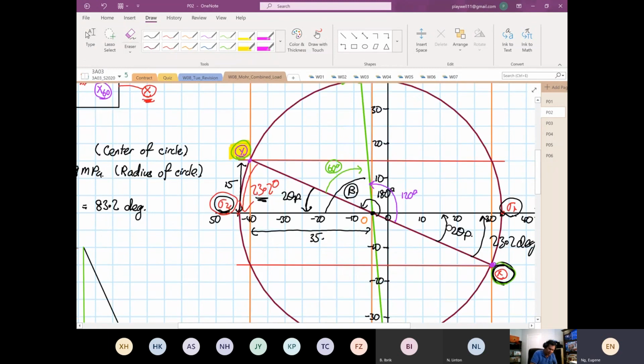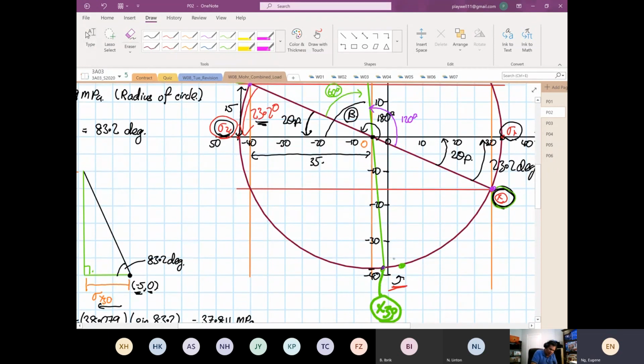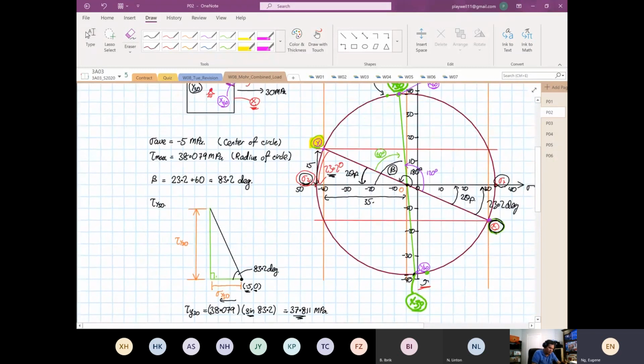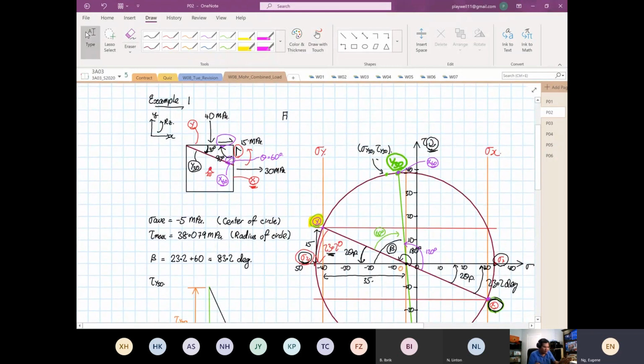And then over the other side will be your Y 60. The answer will absolutely be the same, because they all end up at the same point. So do not be afraid to rotate from either the intersecting Y plane or the intersecting X plane. The answer will be the same. Okay, any questions so far?